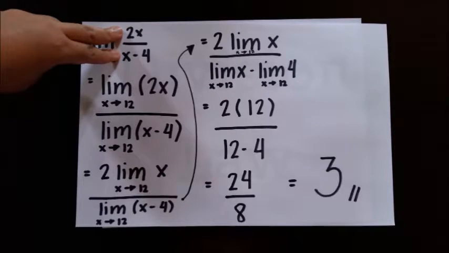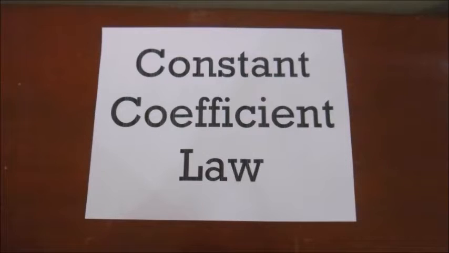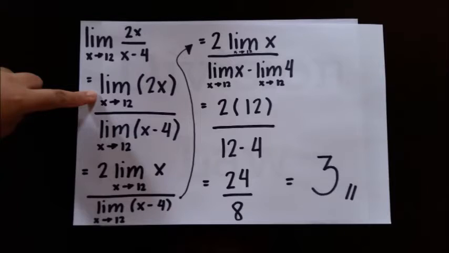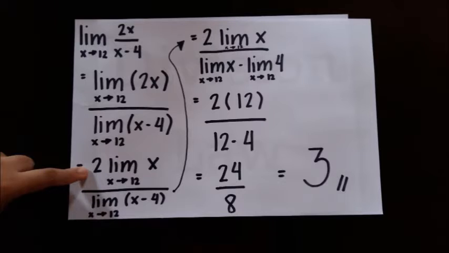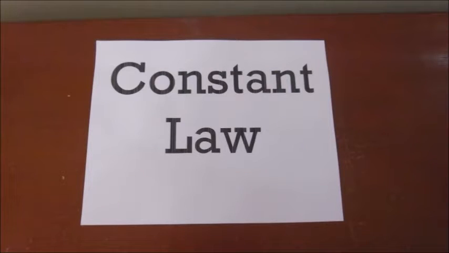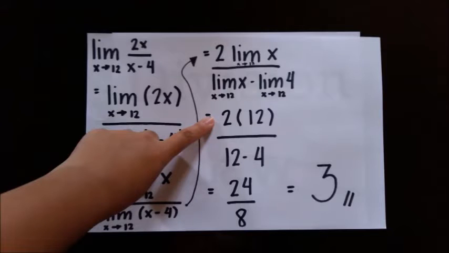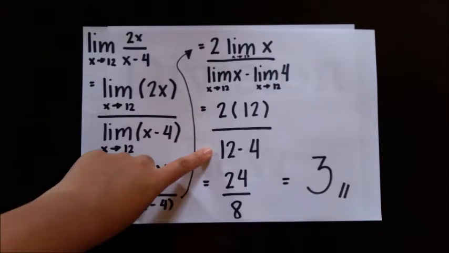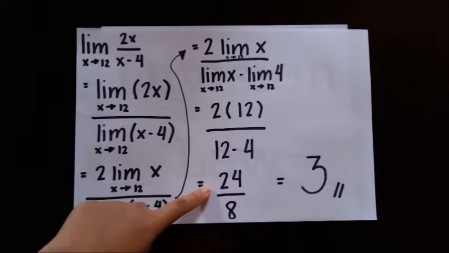Then, we apply the constant coefficient law for the numerator, so you'll put 2 before the limit. After that, we're going to use the subtraction law for the denominator. Lastly, apply the identity and constant laws, so it will be 2 multiplied by 12 over 12 minus 4. It will be 24 over 8, and the answer would be 3.